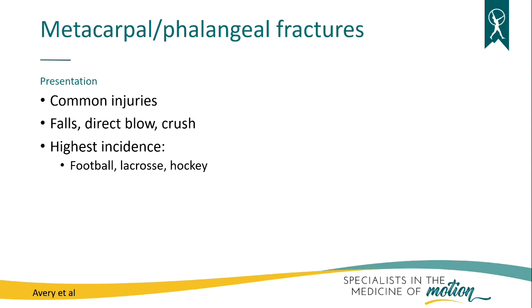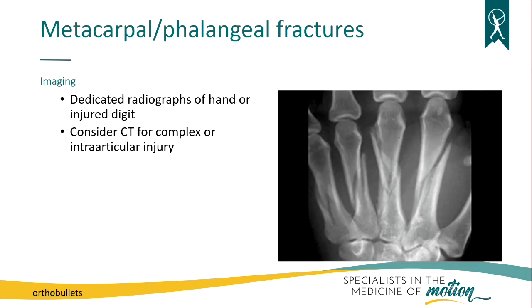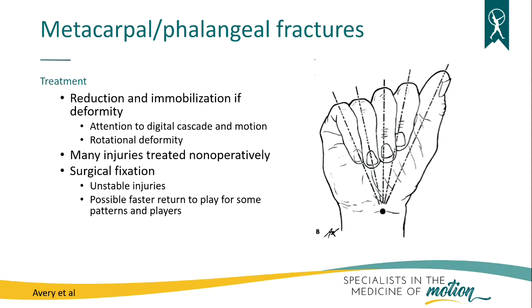Certainly with any kind of sports, you're going to see bony injury. We certainly don't have the time in this talk to discuss every iteration of bony fracture you'll see in the hand and wrist, but some overriding principles are important. Obviously, X-ray will be the mainstay of your radiographic workup, sometimes a CT scan for intra-articular or complex injuries.